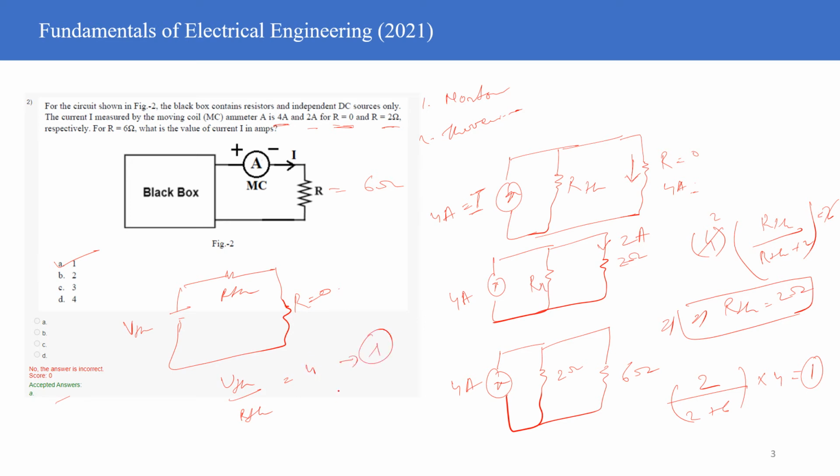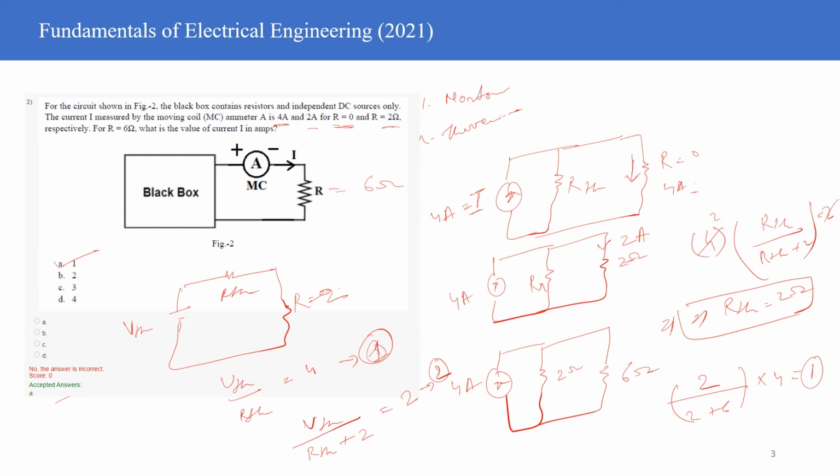In equation number 2, you will have R as 2 ohms, so V Thevenin by RTH plus 2 is equal to 2 ampere. So this will become equation number 2. So you have two equations and two variables. You can solve them and figure out the same answer that you got via this.